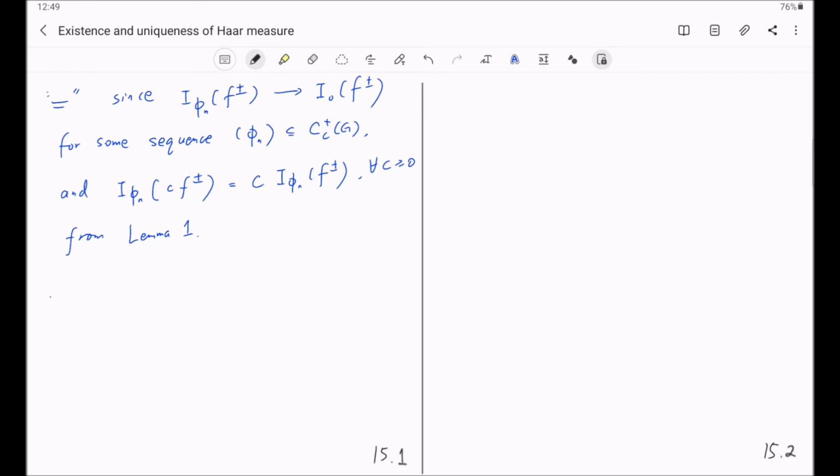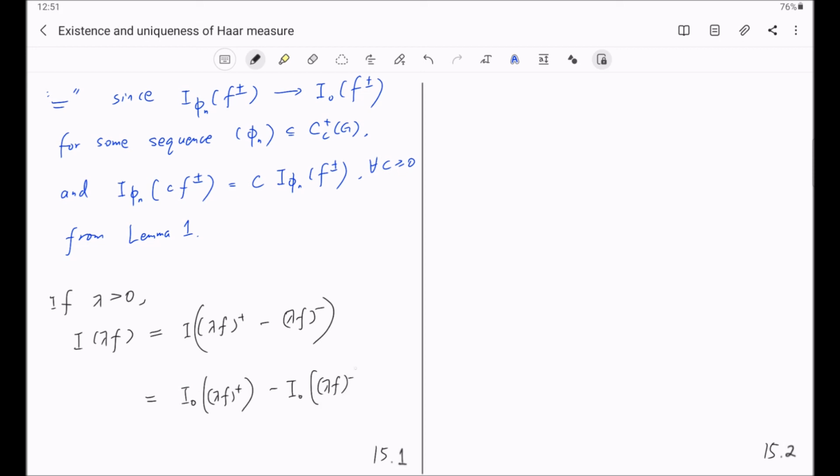And if lambda is positive, then the situation might be even simpler, because I of lambda f, if you split this into positive and negative part and use the definition of I through I0, is easier to handle than the case when lambda is negative.